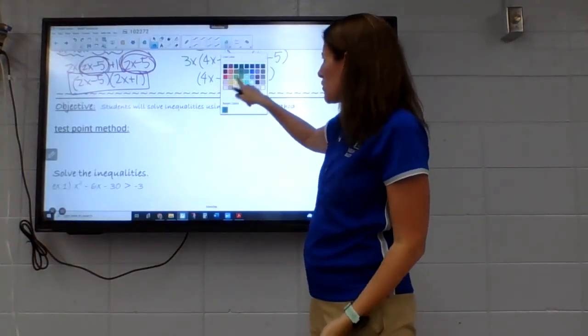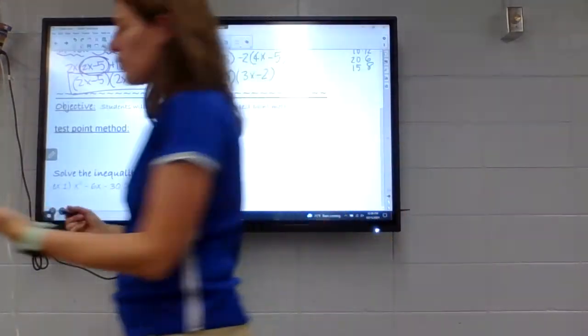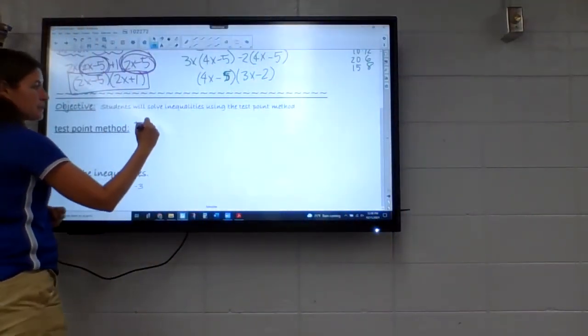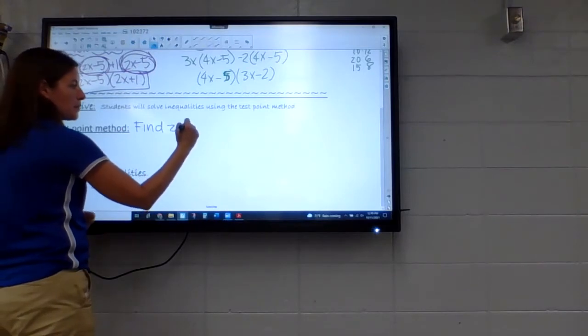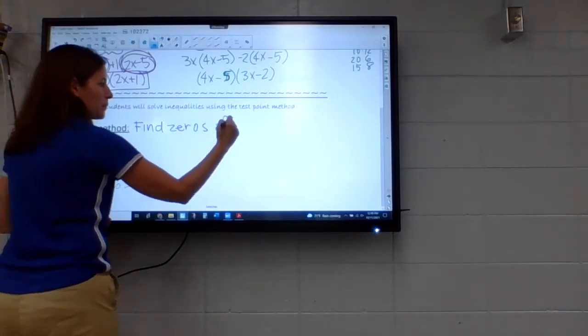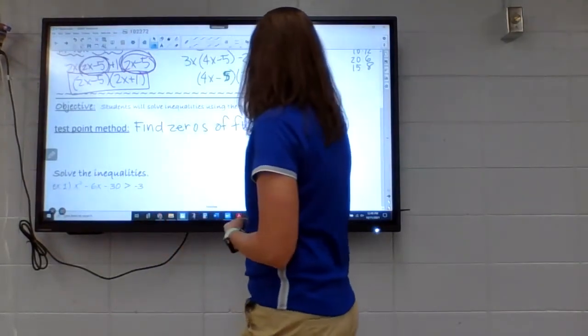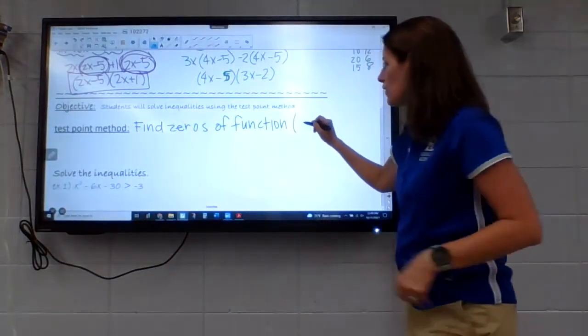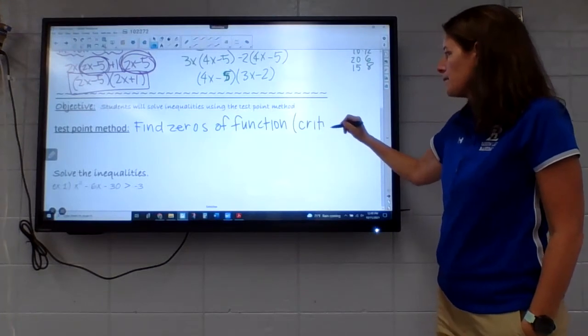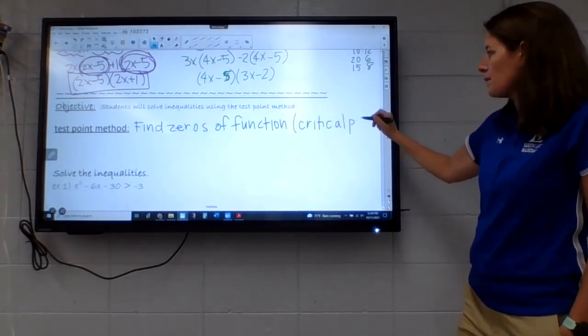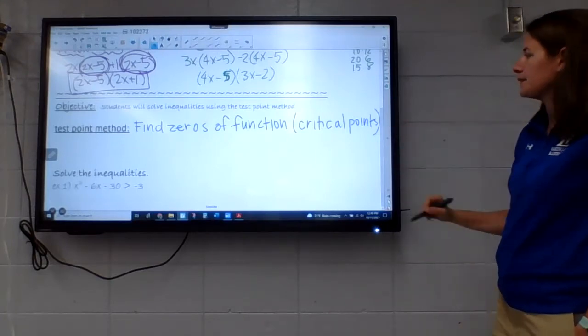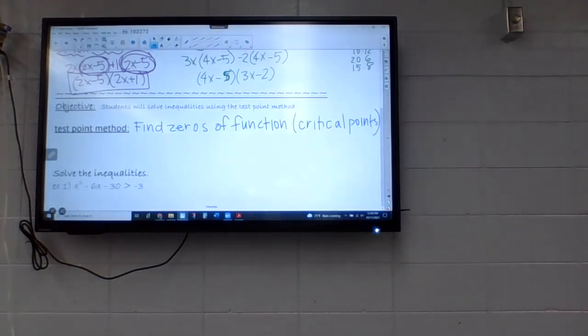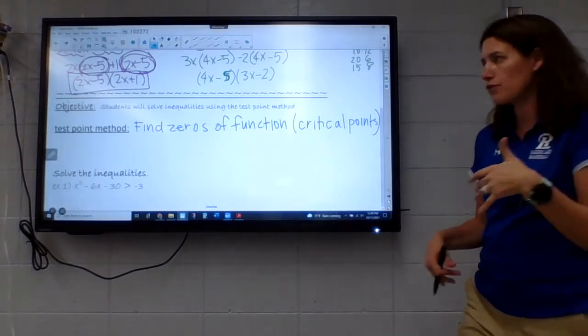And I've heard them called critical points. So we're going to find basically the zeros of the function. We're going to call those critical points. The zeros of the function are essentially what you guys have been finding when you're solving these. Like in that problem where it was already factored for us and we found all the zeros, that's when it equals 0. We're looking for those.